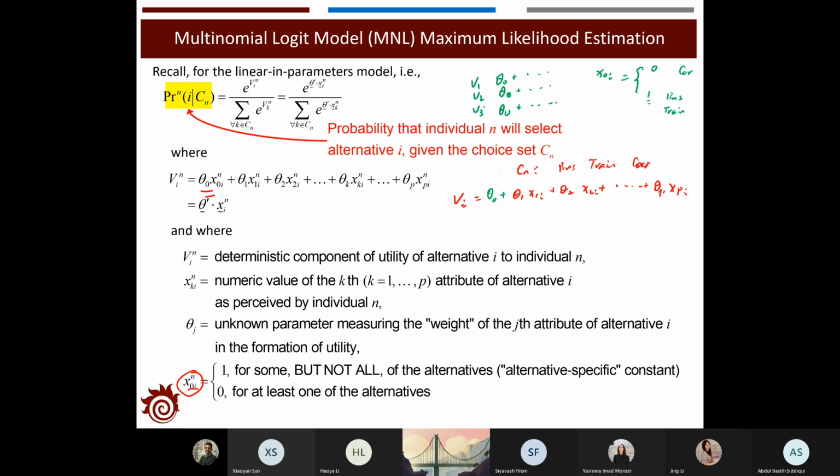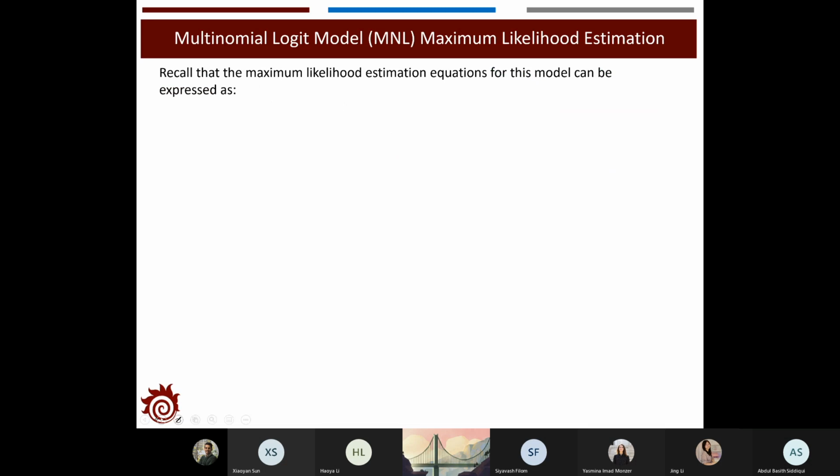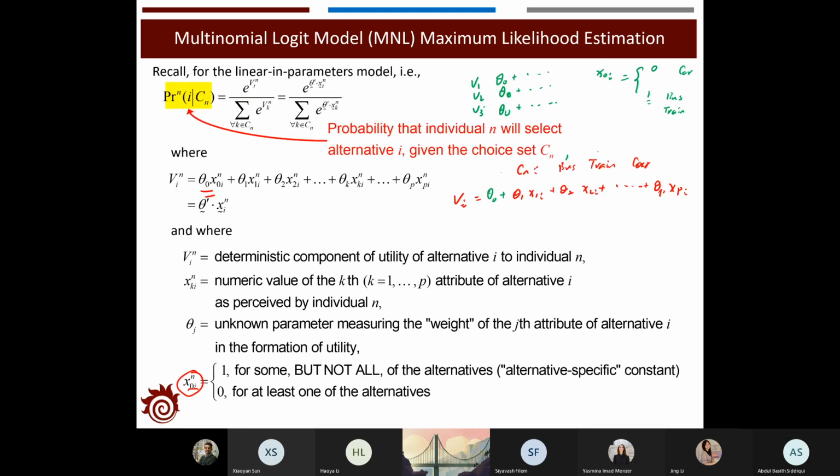but if it's a bus or train, then it's 1. With that, you will have some meaningful result. Say the bus is mode 1, train is mode 2, and the car is mode 3. In that case, for mode 1 we have theta 0 plus something, and for mode 2 we have theta 0 plus something.